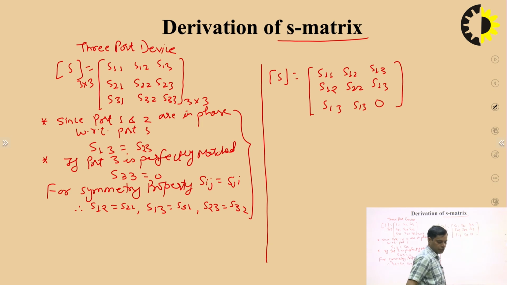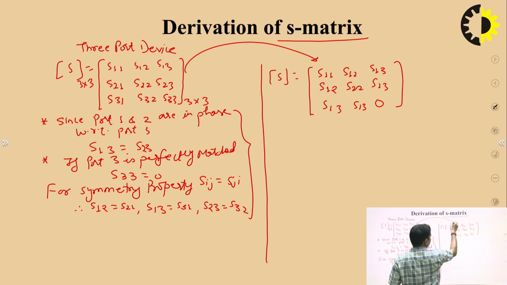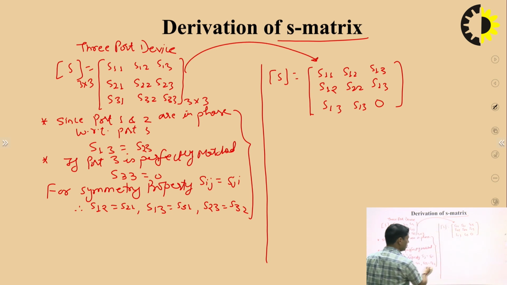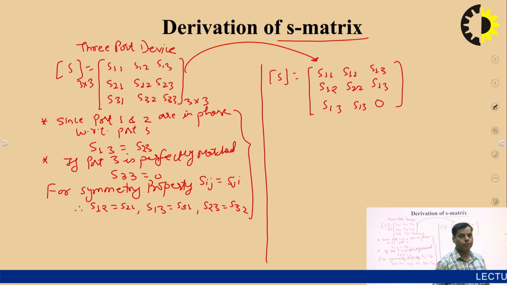So this matrix is reduced in this way after combining the properties of the H plane T as well as the S matrix properties.